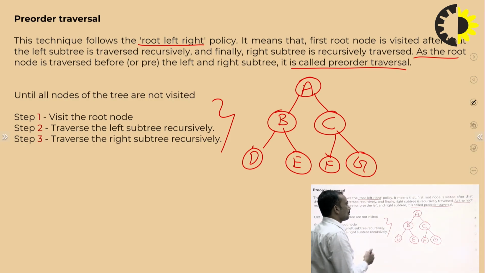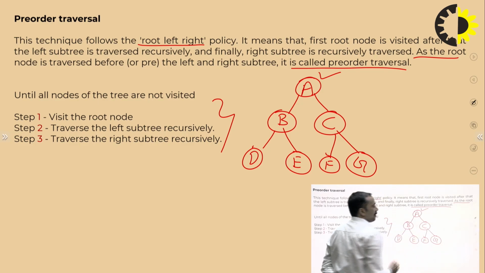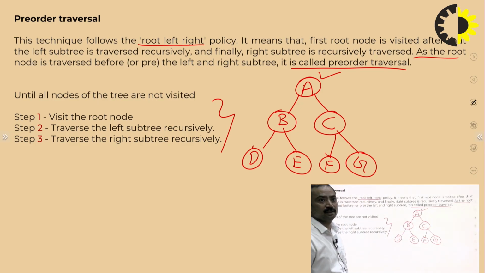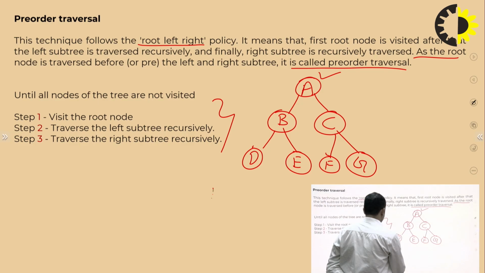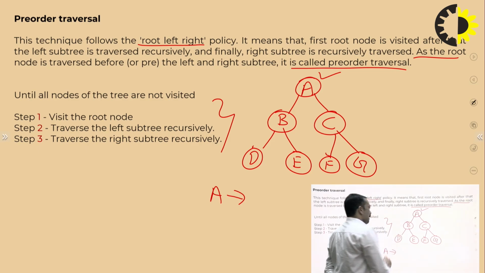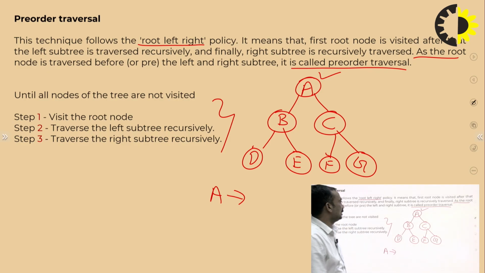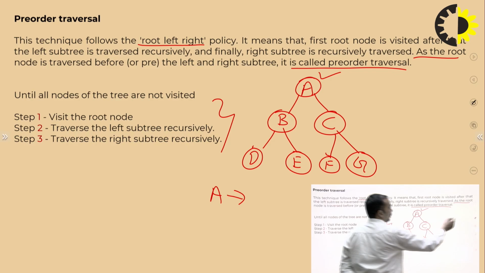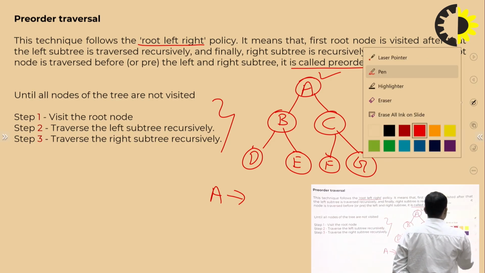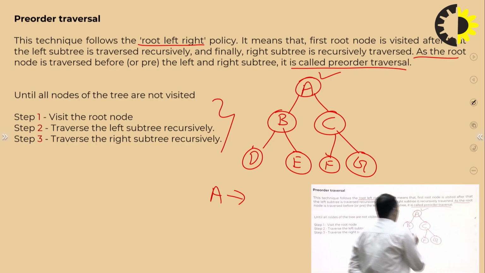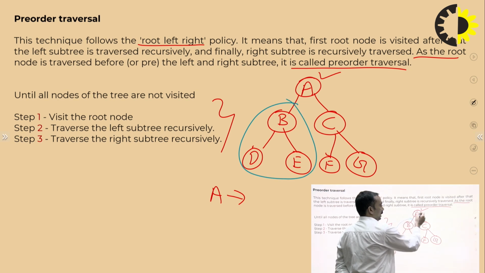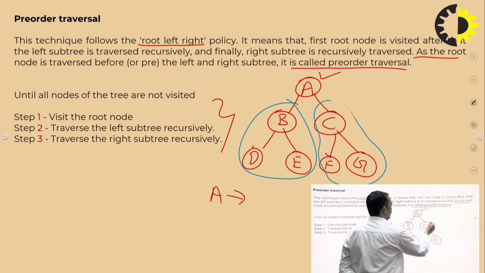First we have to visit the root node, so A. Then we have to visit the left subtree recursively. This is the A node, and the left subtree of A is this, and the right subtree is this.